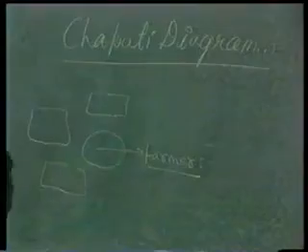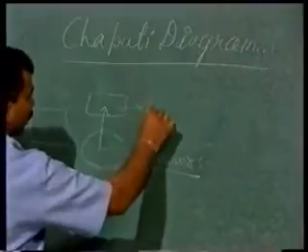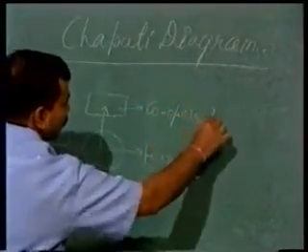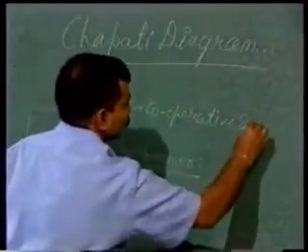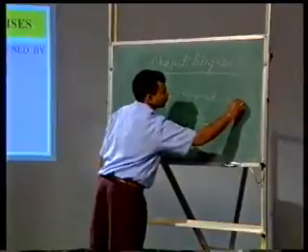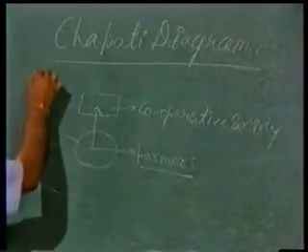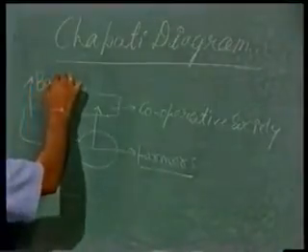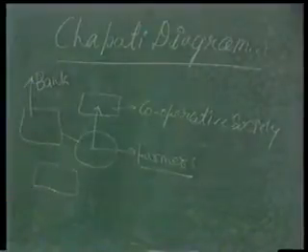For example, the cooperative society may be one institution which is helping the farmer. Similarly, there may be some financial institution or bank which can help the farmers in getting loans.